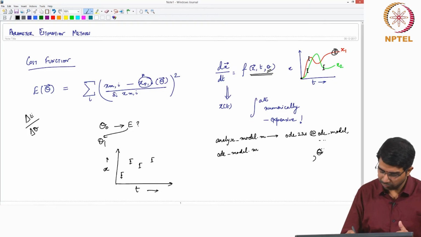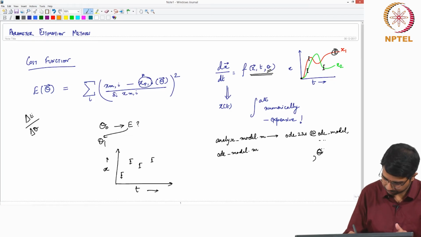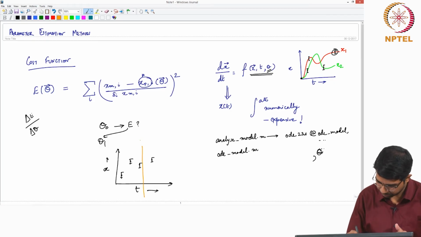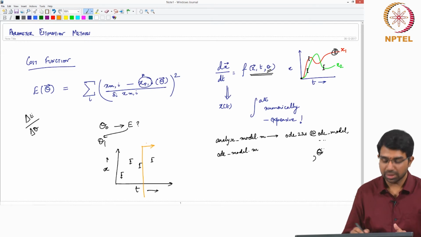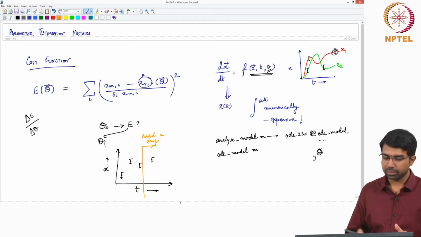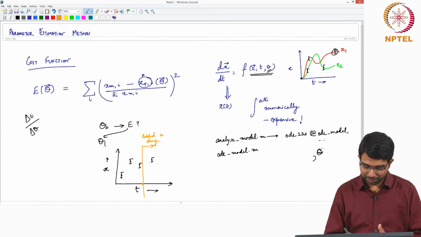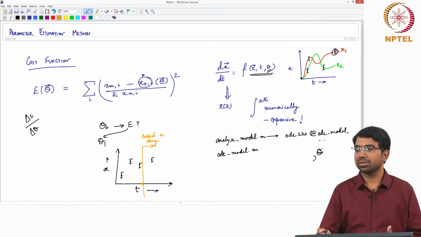One difference is, if I say I did something here, let us say I added a drug. Then I have to stop the integration up till this point, change an initial condition and integrate again.